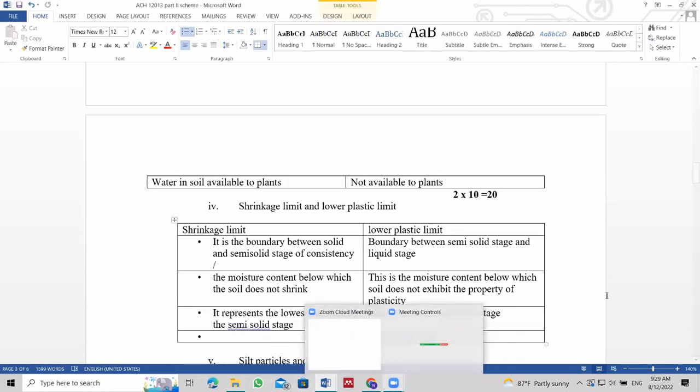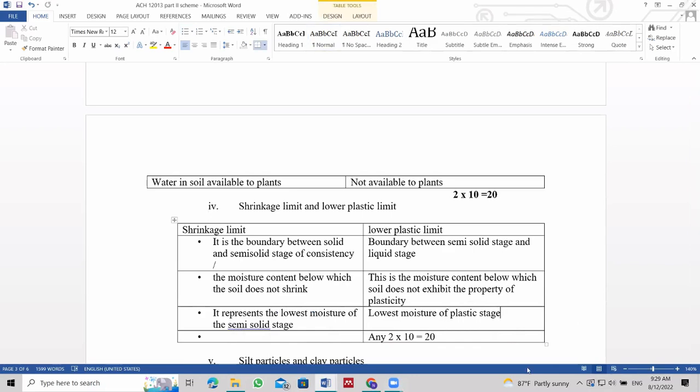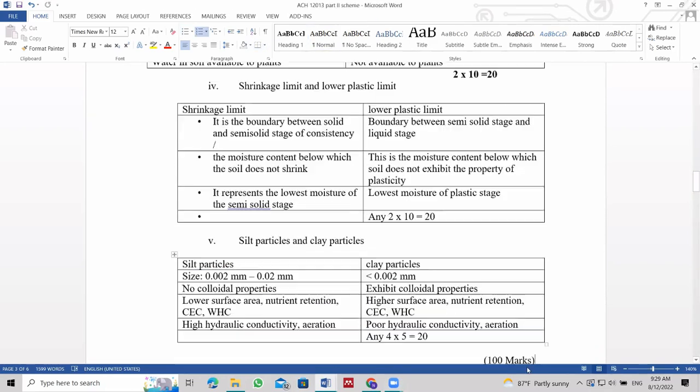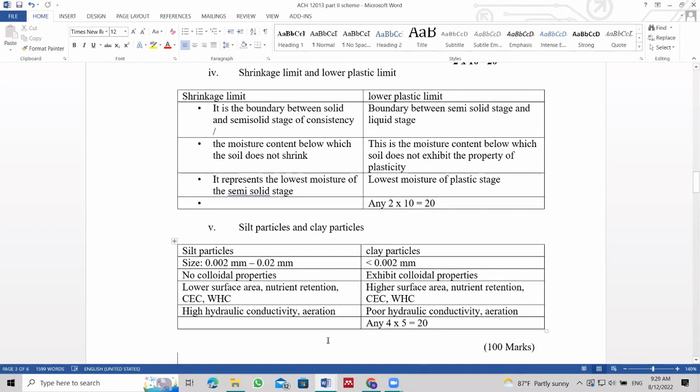Then the next one is silt particle and clay particle. So first you should define the size of both particles. Clay particle is less than 0.002 millimeter, and silt is 0.002 to 0.02 millimeter. So that is the difference. Then there are more differences.